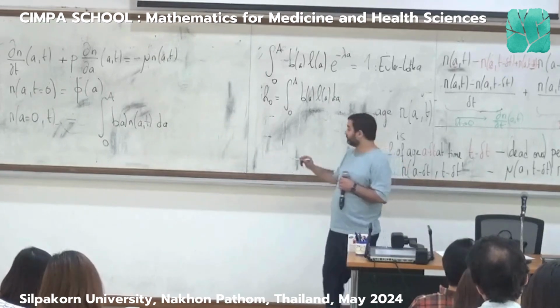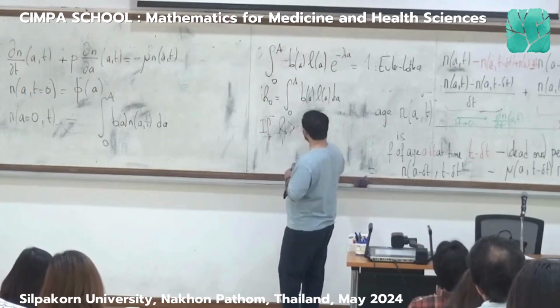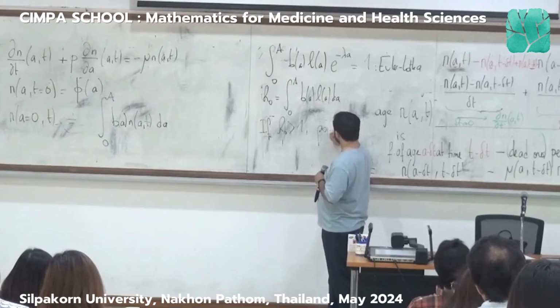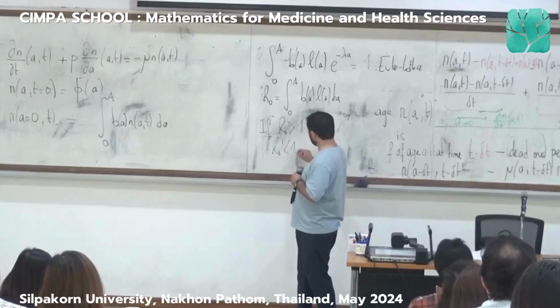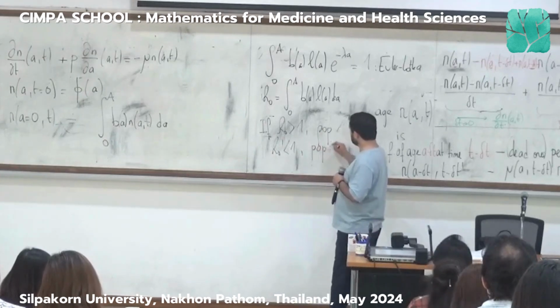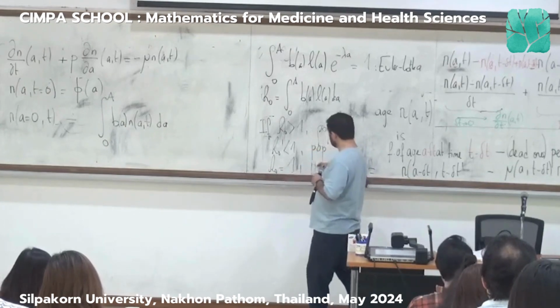As before, if R0 is greater than 1, the population will increase. Less than 1, the population will decrease.